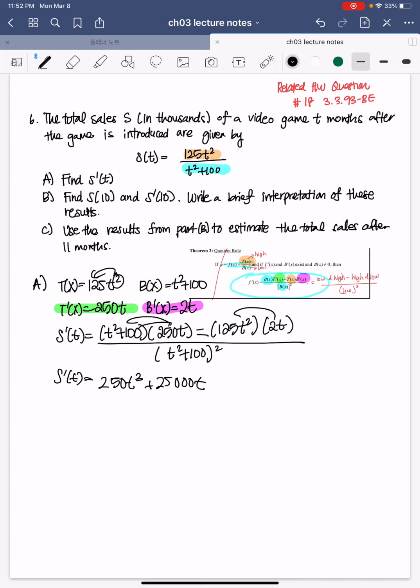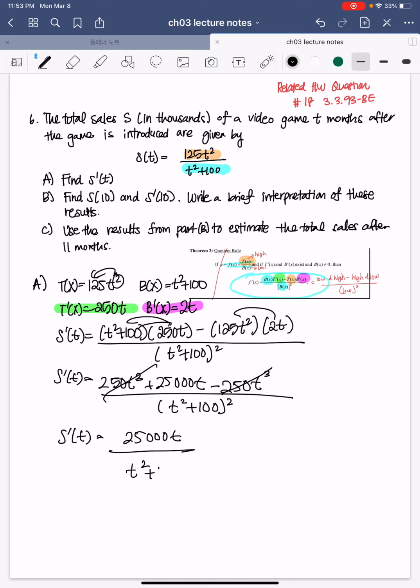Distributing with this negative makes negative 250t cubed, all over t squared plus 100 squared. The t cubed term disappears, so S prime of t, we get 25,000t over t squared plus 100 squared. So that's A, done.